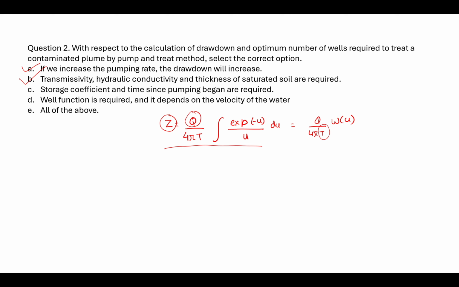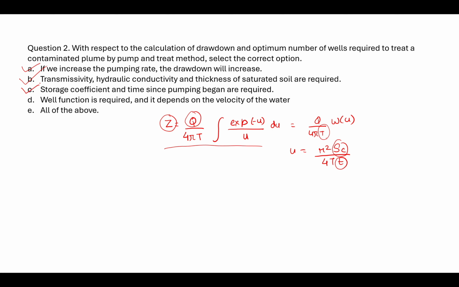We need to find out the time since pumping began and storage coefficient also, because U is a function of the distance from the center of the well to the point where a drawdown is calculated, squared, times SC by 4 capital T into small t, where SC is the storage coefficient and small t is the time after which the pumping has begun. So storage coefficient and time since pumping began are required. So this is also correct.